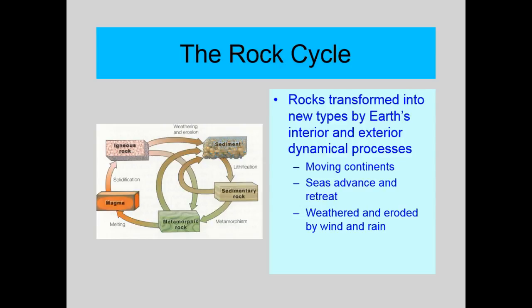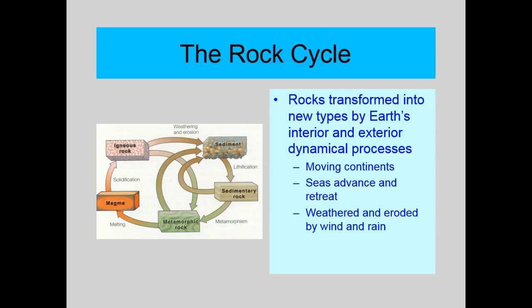Or that sedimentary rock can get buried deeper and deeper, more heat, more pressure, and gets metamorphosized also, and forms metamorphic rock. That metamorphic rock can get broken into pieces and go back and become sediments again. Or it can get more heat, more pressure, and ultimately melt and become igneous rock again.